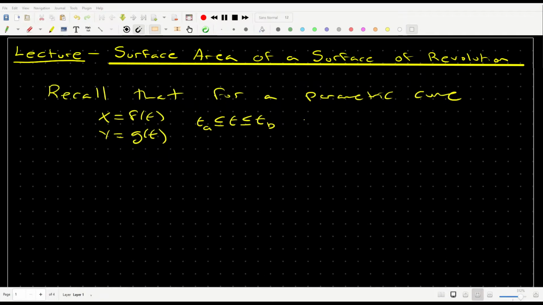And then this is going to be where f prime and g prime are continuous and not simultaneously zero.